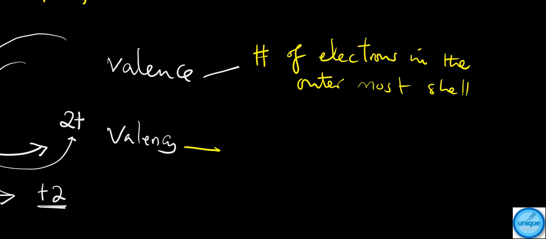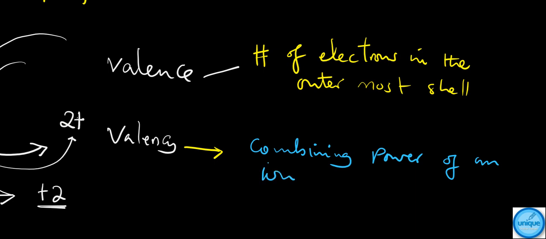Whereas valency, this one you can define as the combining power of an ion, or the number of electrons gained or lost by an element.